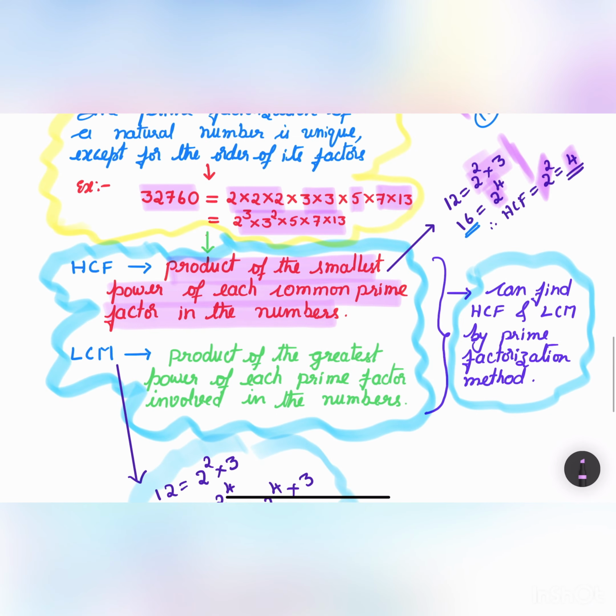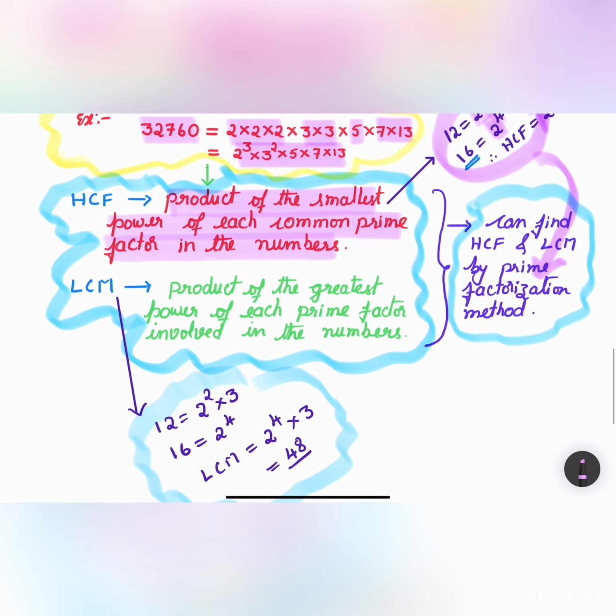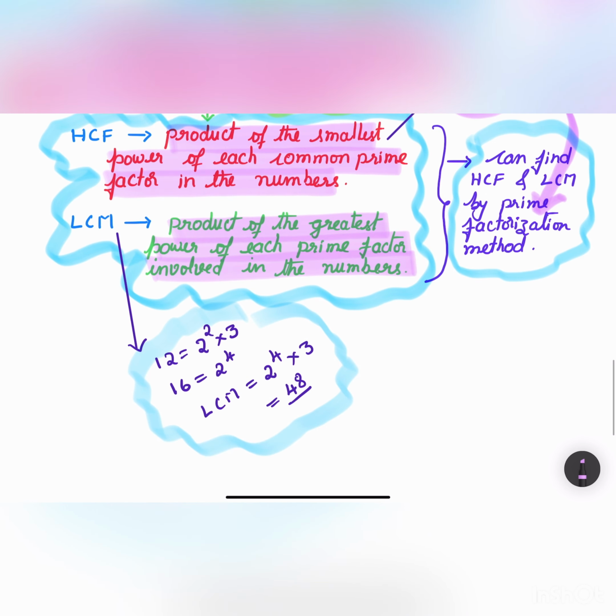This is the method of finding the HCF with the prime factorization method. Now what is LCM? LCM is nothing but the product of the greatest power of each prime factor involved in the numbers. So 12 is equal to 2 square into 3, 16 is 2 power 4, the same numbers I have taken.